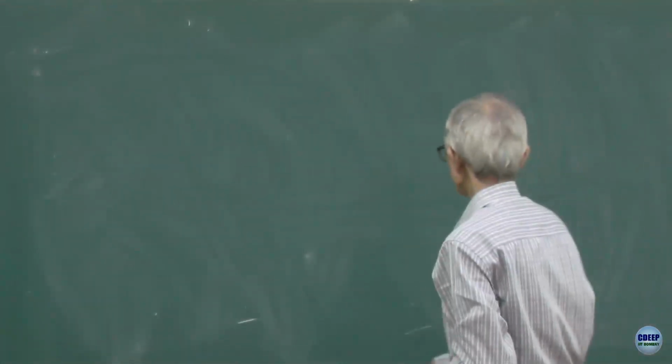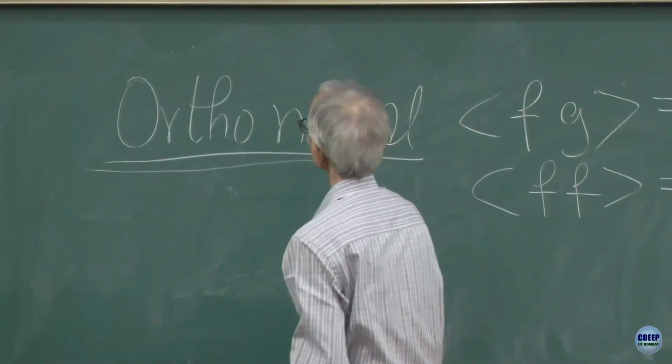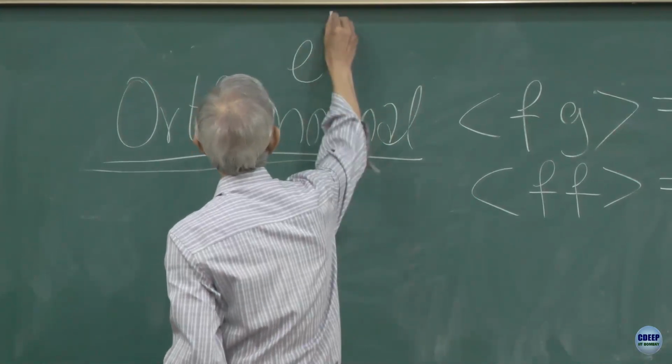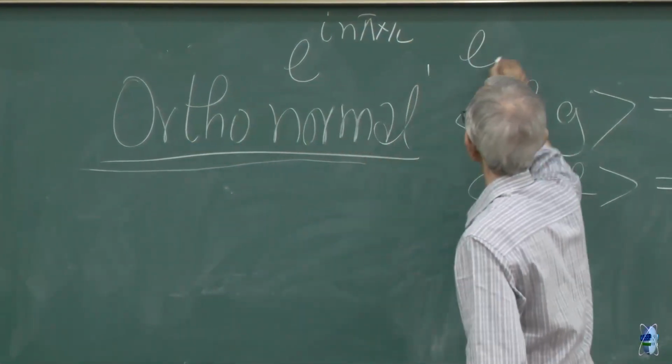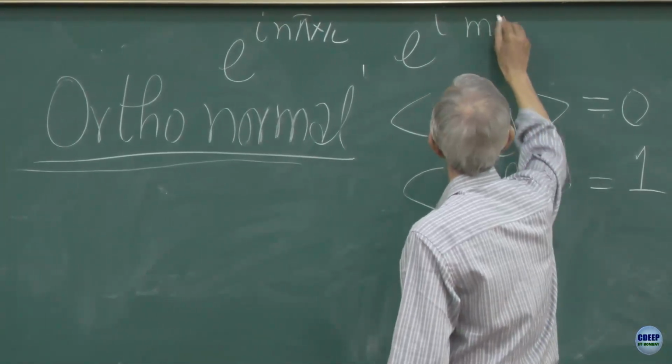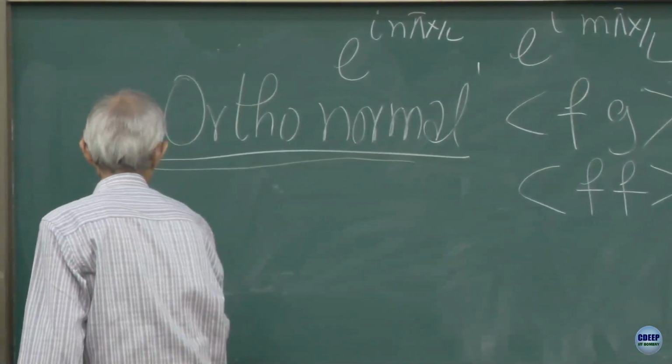Okay, so we want to look at, let us say, e to the power of i n pi x by L and e to the power of i m pi x by L. So what's going to be the inner product of these two?